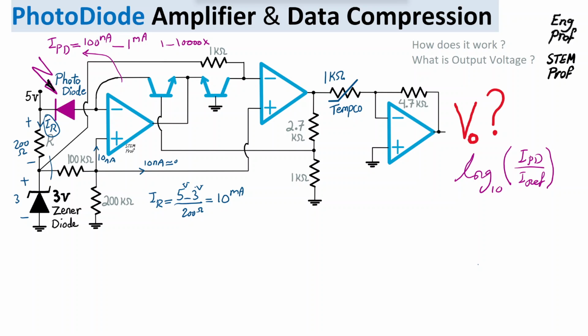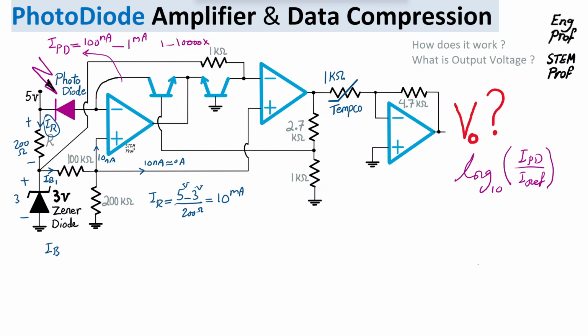Now the series of 100K and 200K translates to an effective 300K resistor, and therefore the current passing this way, let's call it I bias 1, can be easily computed.